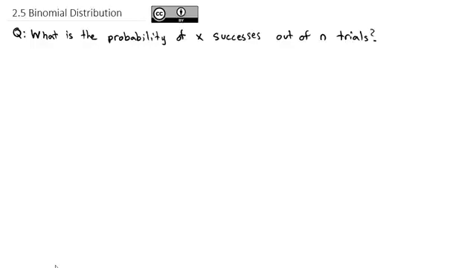In other words, I'm going to conduct a survey, and maybe I want to see how many people support a particular political candidate. I want to know what's the probability that 100 out of 200 of them, or 50%, support my candidate. That is what we call a binomial distribution.